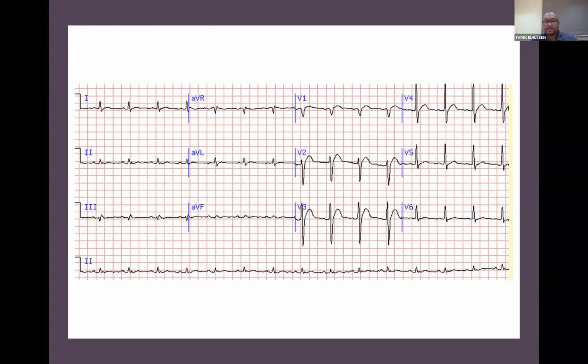Okay. So if you see an ECG like this one, it's pretty normal. Nothing looks to me that is abnormal. So always look for electrolyte disturbance, hypercalcemia, hypocalcemia, hypokalemia, hyperkalemia, and all of that.